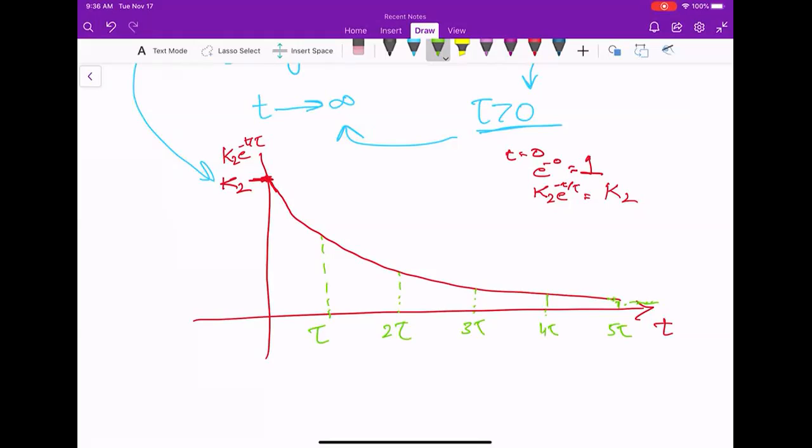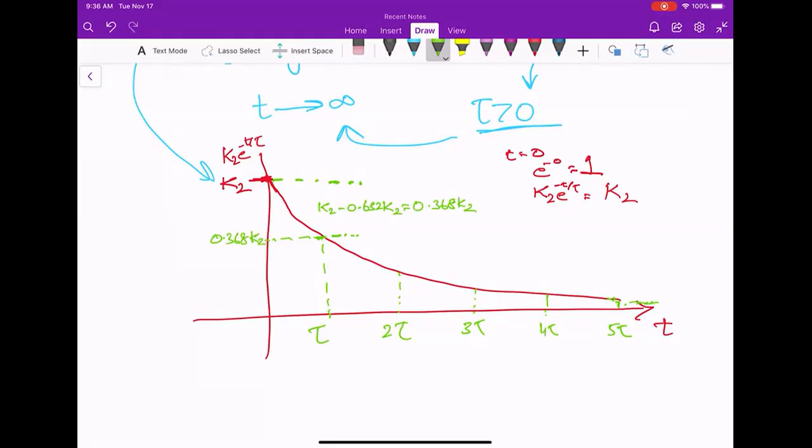So they said that at 1 tau, you actually lose 63.2% of the original value. So it will be K2 minus 0.632 K2, which will make it 0.368 K2.